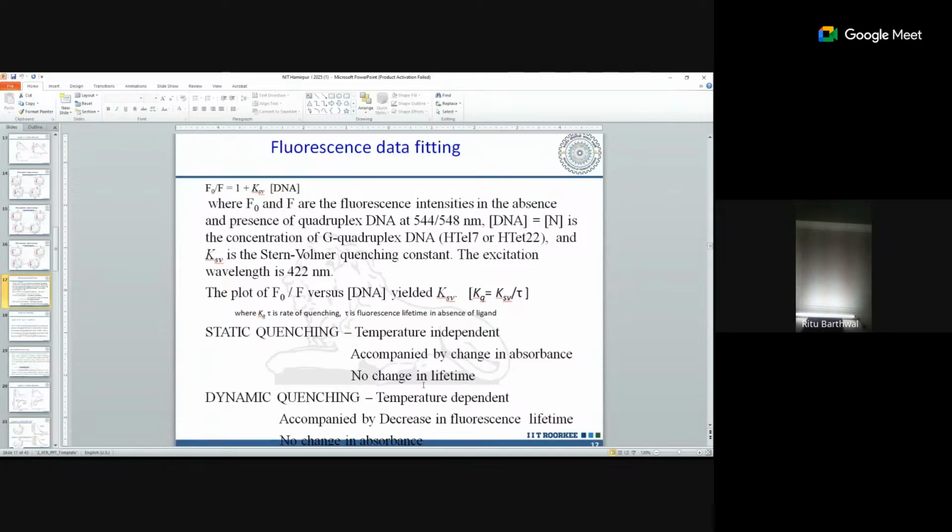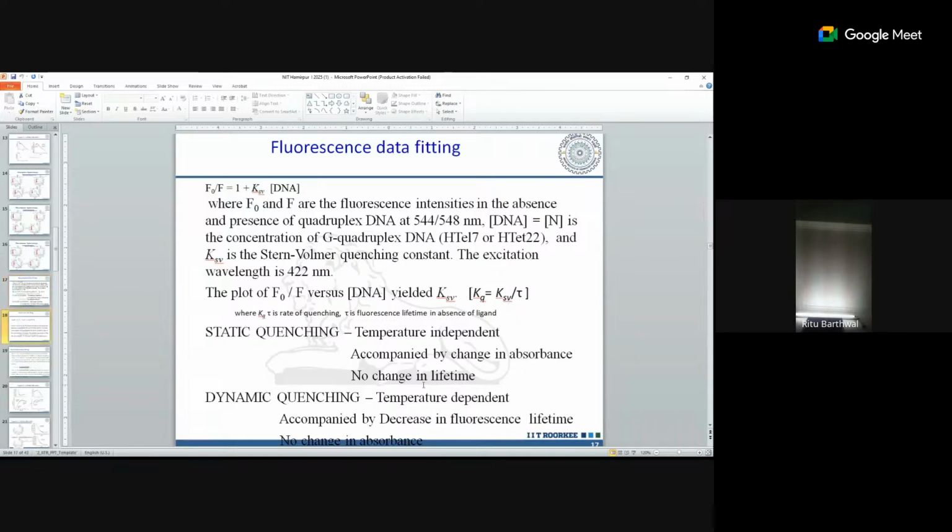You can have both static and dynamic quenching in some cases. In our cases, we were getting absorbance changes, and the changes were because of binding, not a simple collision. The molecule was not getting de-excited because of simple collision. It was getting de-excited because it is binding to the DNA molecule.